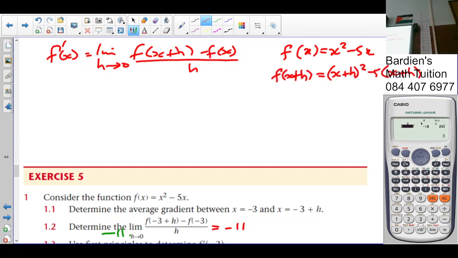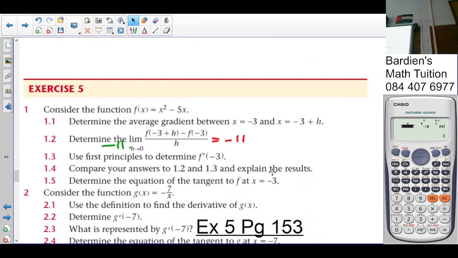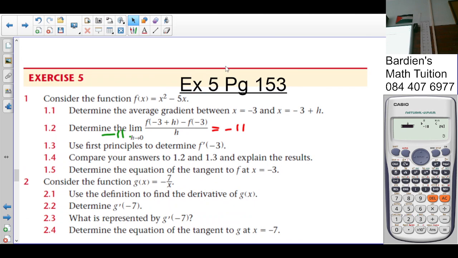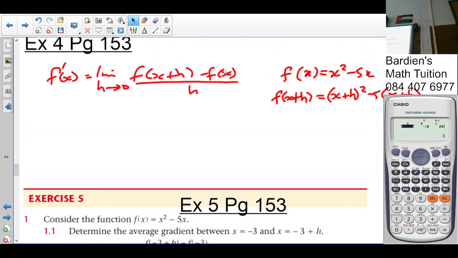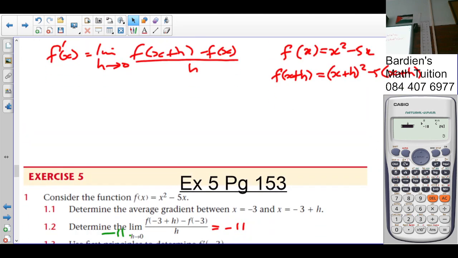So that would simply give us the limit. Don't forget to rewrite the limit until you apply the limit once you do the substitution. Otherwise you're going to drop the limit, you're going to lose marks. Okay?